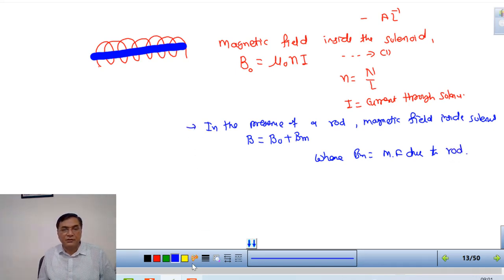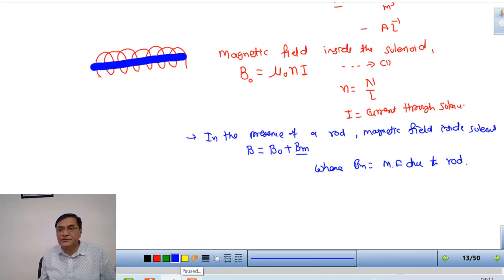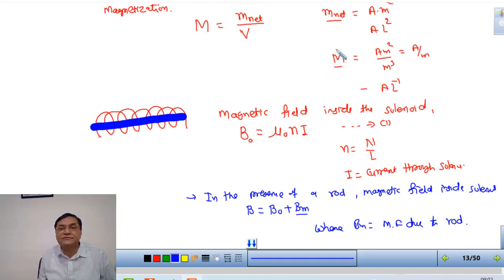Okay. Now, what is BM? That is because of the magnetization of the rod. Where does BM come from? BM is produced because of this magnetization.